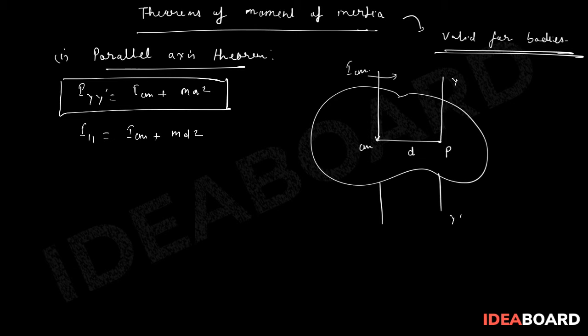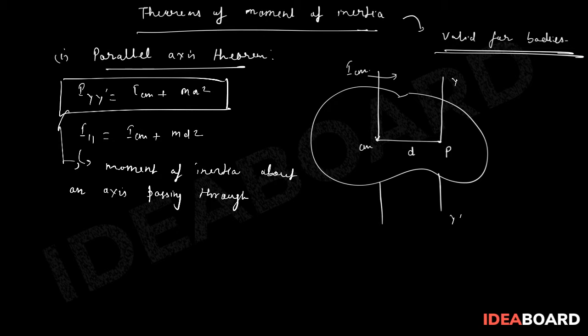So this is the parallel axis theorem, which is I parallel is equal to ICM plus MD square. So let us explain what are the values. So I parallel or Iyy dash is the moment of inertia about an axis passing through point P and perpendicular to the plane of the body.